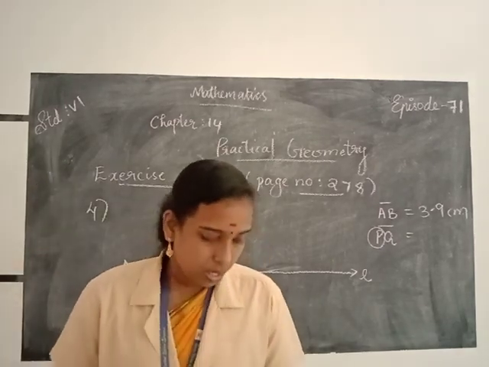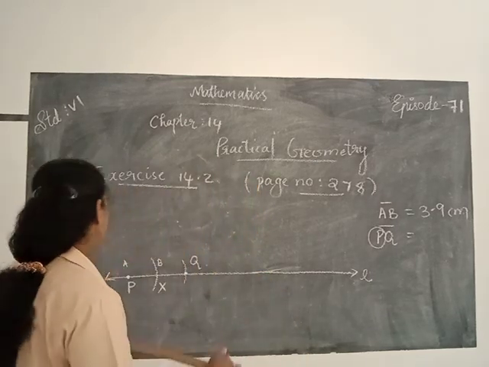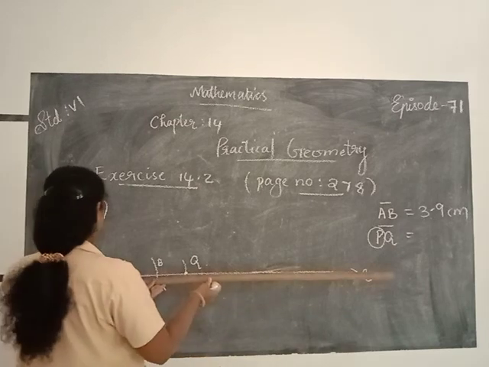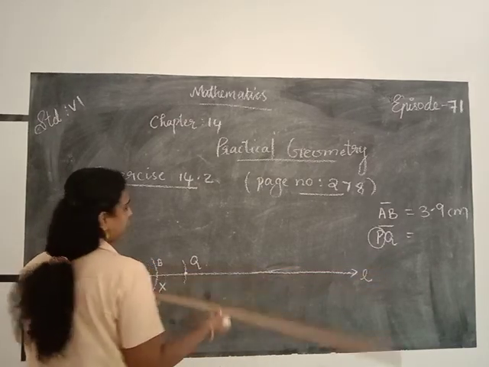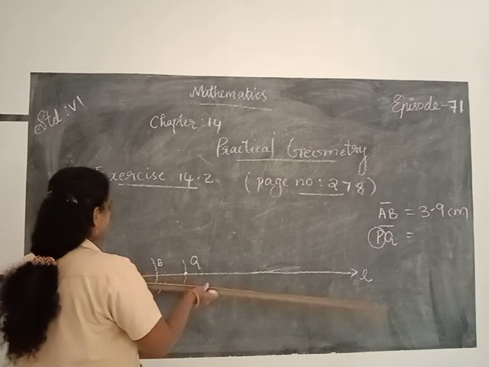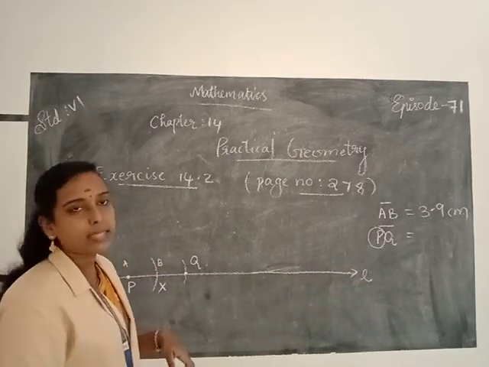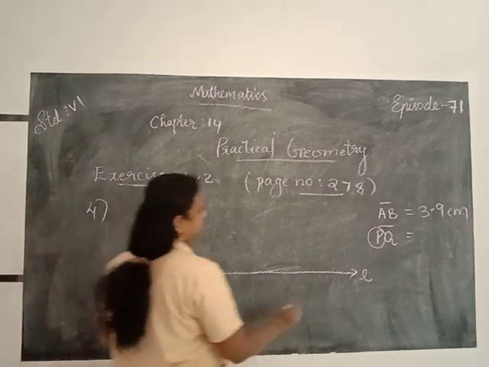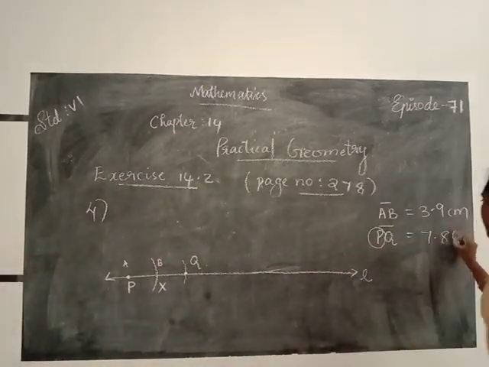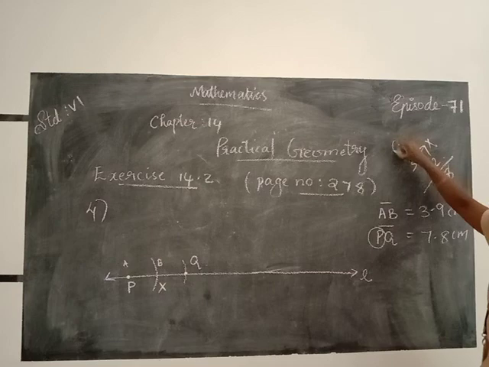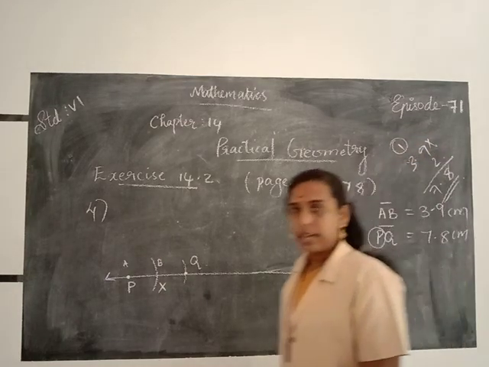Then here you measure the length of PQ by using your ruler, and you get 7.8 centimeter. PQ is equal to 7.8 centimeter. Twice 3.9 means 3.9 into 2, that is 7.8. So the answer is correct.